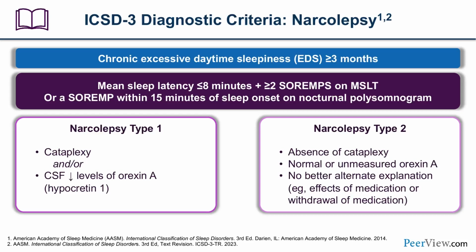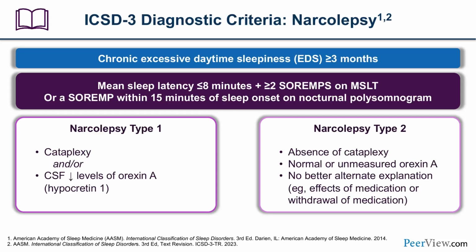We put a patient in a dark room, lights out, every 2 hours, typically 9, 11, 1, 3. And we turn the lights out and see what their brain does. And what we see in narcolepsy patients is that they fall asleep fast and they dream. You shouldn't dream in the daytime unless you take a 60-minute nap or so. So they have REM intrusion. And so the mean sleep latency of less than 8 minutes and 2 sleep onset REM episodes is what we do in terms of evaluating these patients.